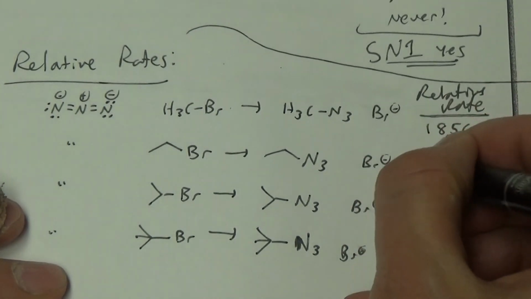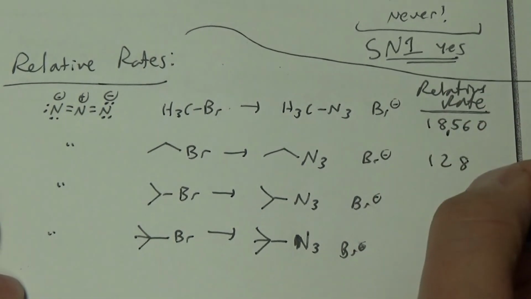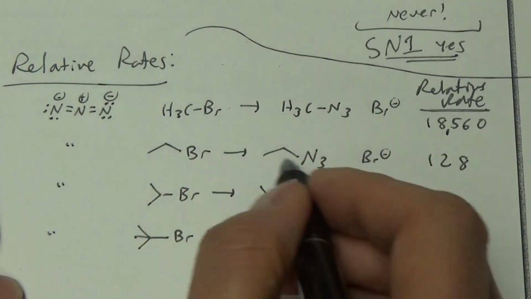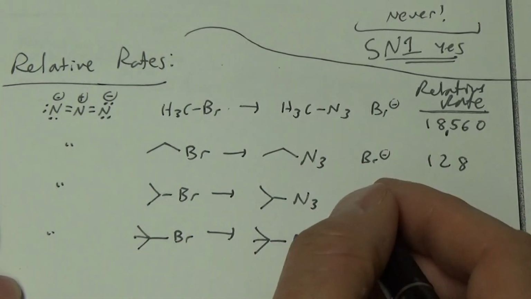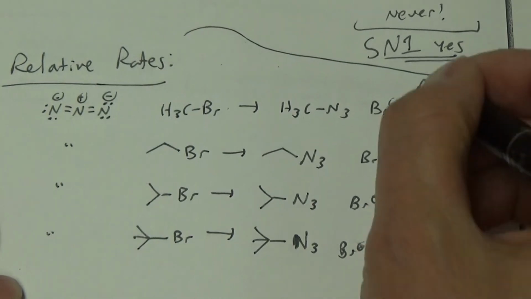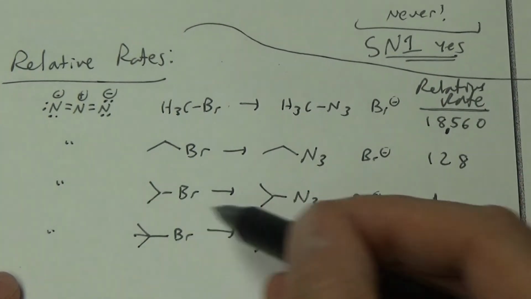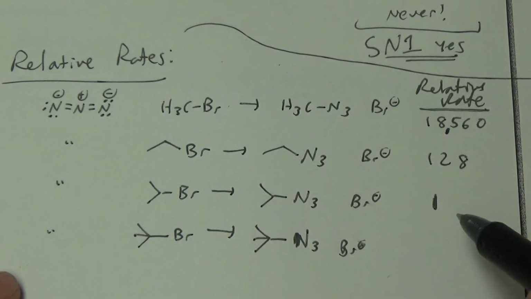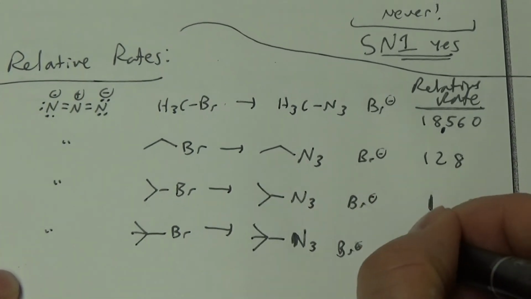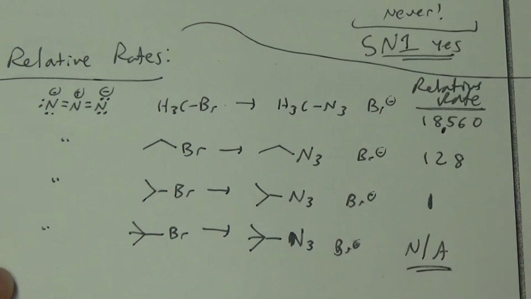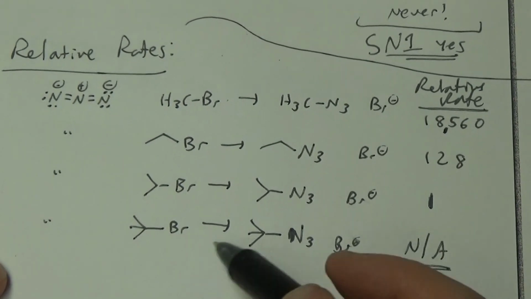Ethyl is 128, which is primary, and then secondary is 1. So everything's kind of based on secondary, because secondary is the slowest viable SN2 reaction. This doesn't really apply, so we just say NA. We can't measure it for tertiary.